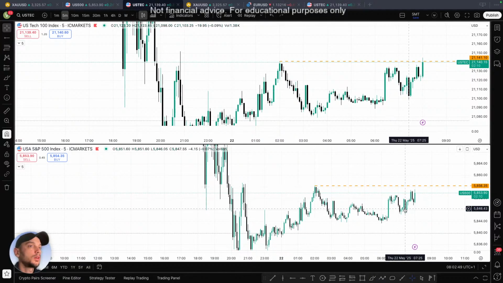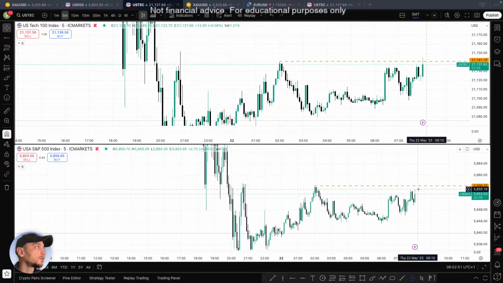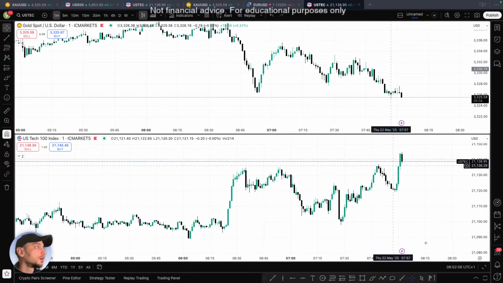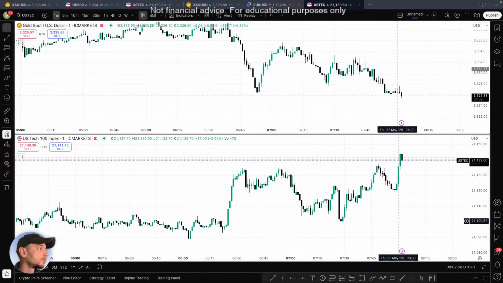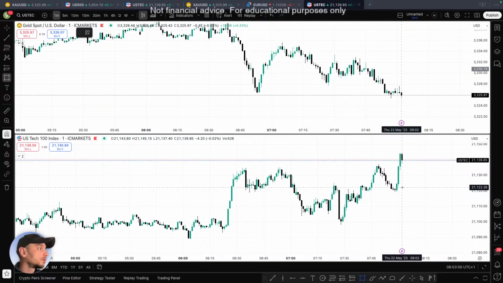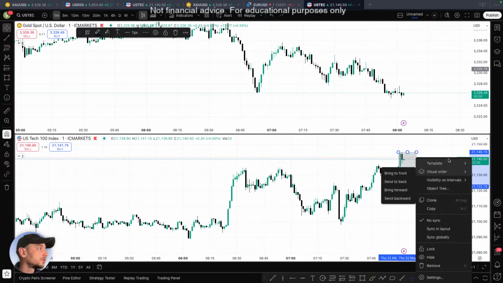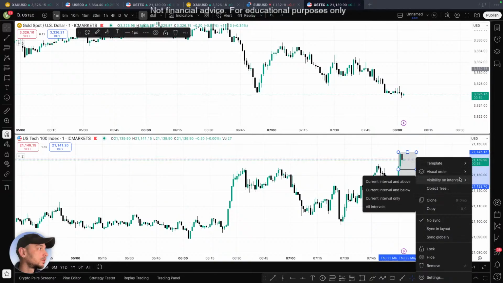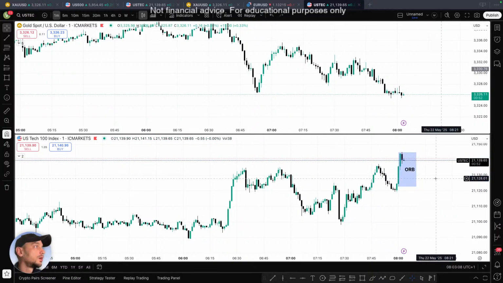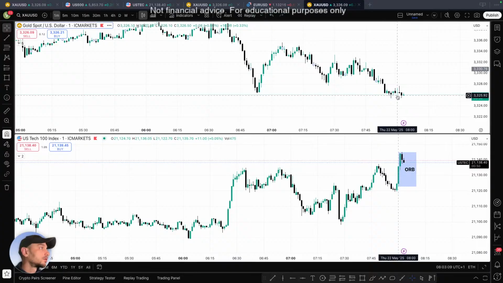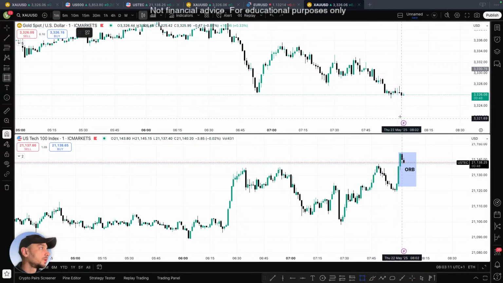We can see S&P haven't got those highs. So this is bearish SMT. I don't think the conditions on Nasdaq are good today. So for now, I'm not touching Nasdaq for the moment.